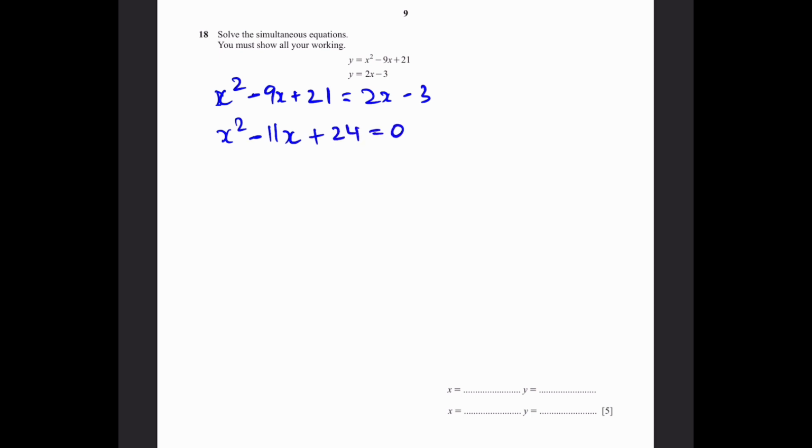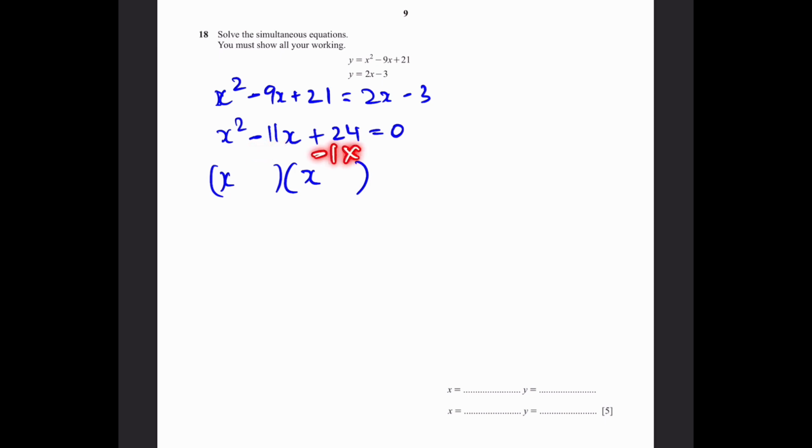Now I need to find two numbers that multiply to 24 and add up to minus 11. And there's only one combination of numbers. First let's make these brackets. The two numbers will fit in over here. So the ways of multiplying numbers to get 24. Since this is negative, we can only consider the negative ways.